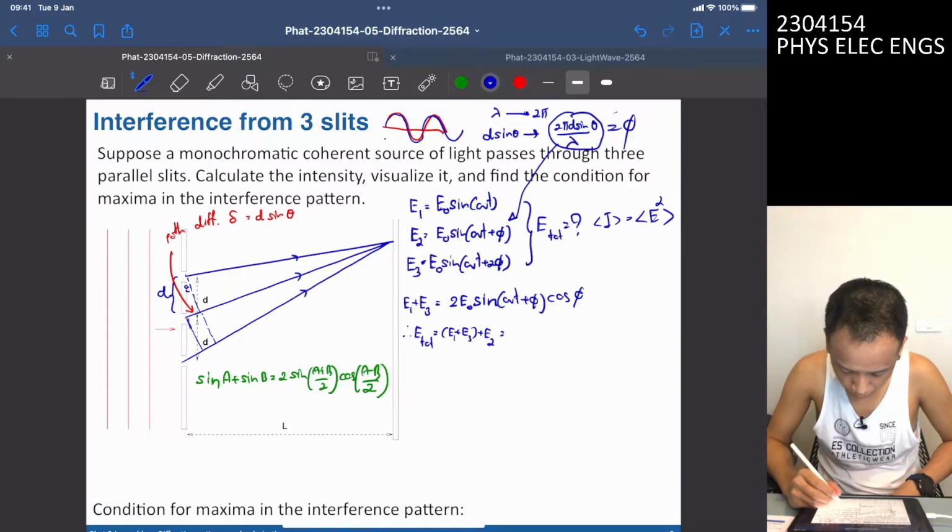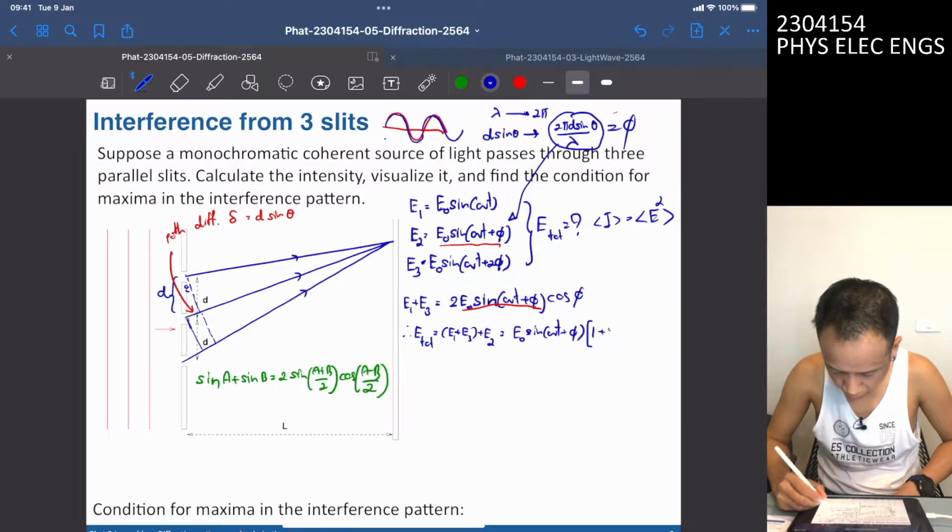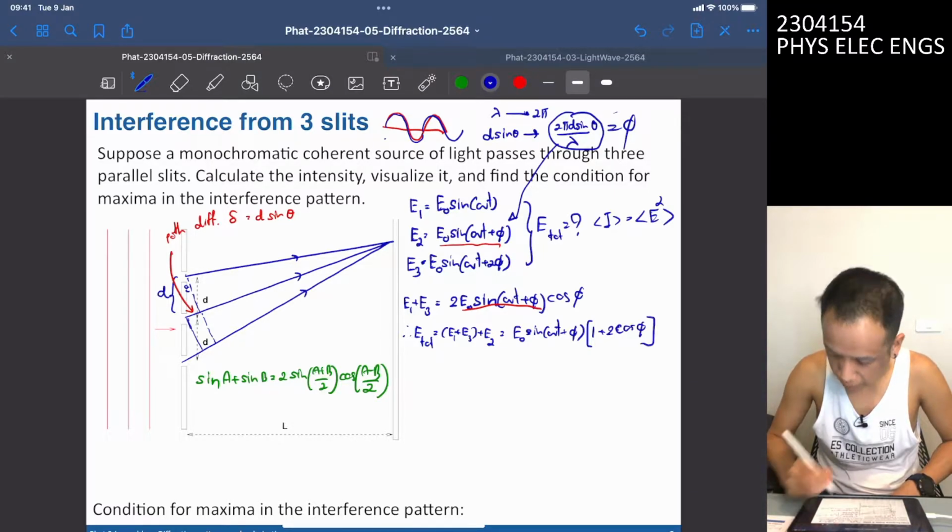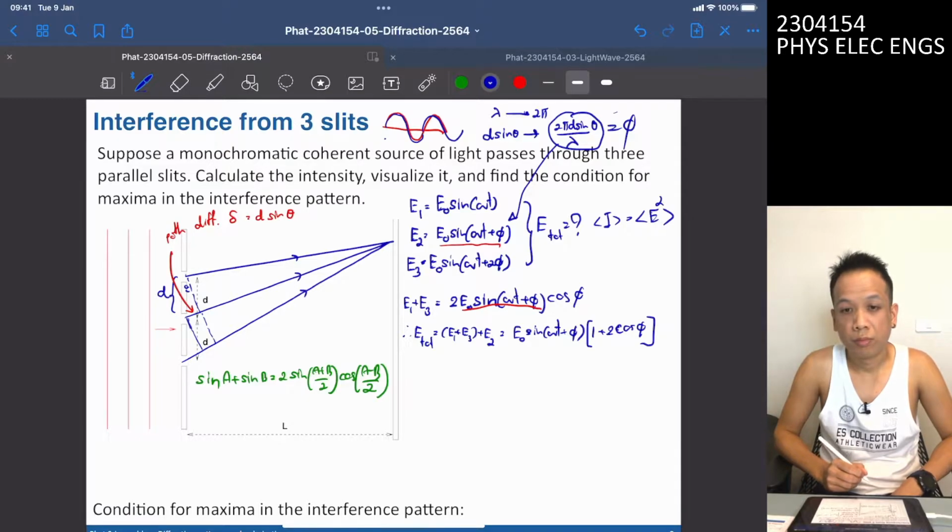No, I don't miss it. Okay. So this is the same: E0 psi omega t plus phi. Then 1 plus 2 cosine phi.